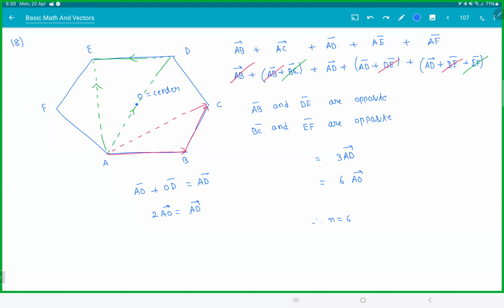Clear with this? Have a look at this. Anyone not clear with this, please ask. Next one.